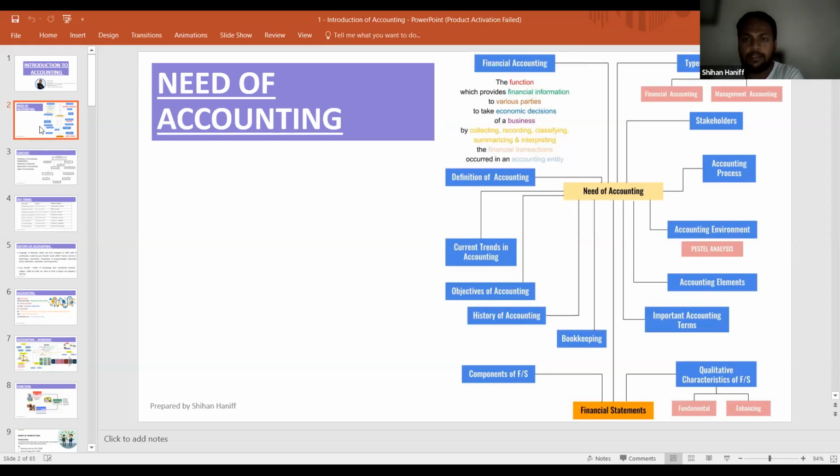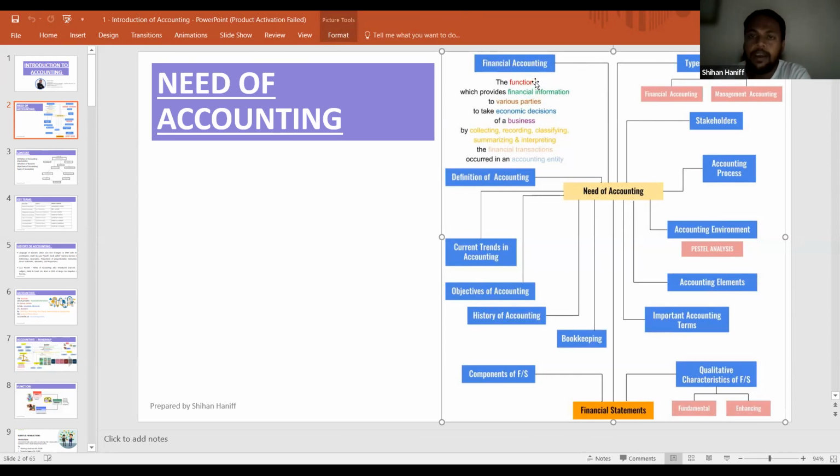So what we have done is we have taken the main topic in the middle. Need of accounting is the chapter. Under this topic, there are subheadings. We need to know what is meant by financial accounting, and there are two types of accounting: financial accounting and management accounting.